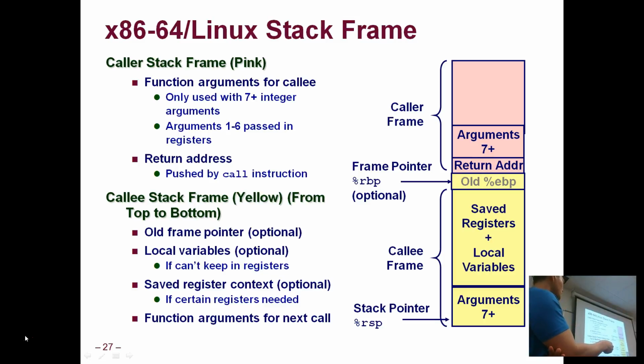The callee is in yellow. And the four things that are in a frame are the function arguments, potentially, the return address, the frame pointer, so return address frame pointer is sort of similar, and then saved registers and local variables. So that makes up a frame.